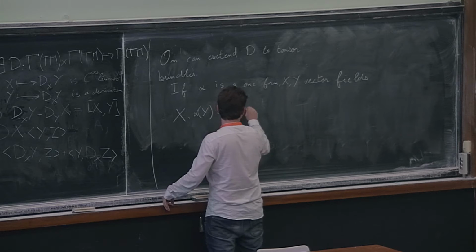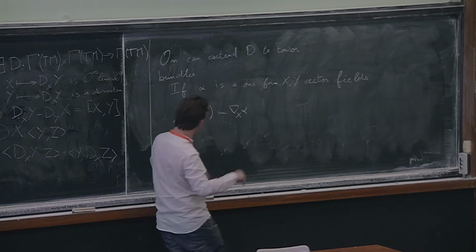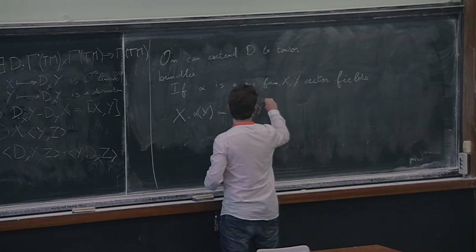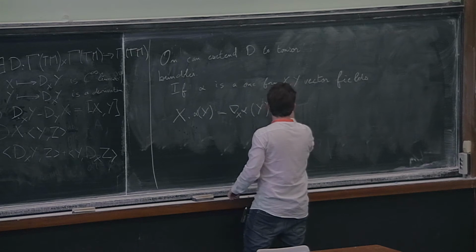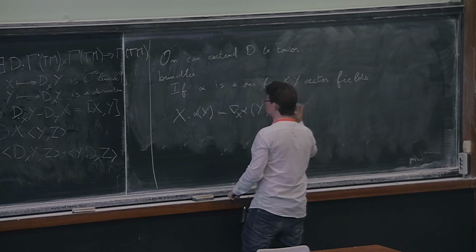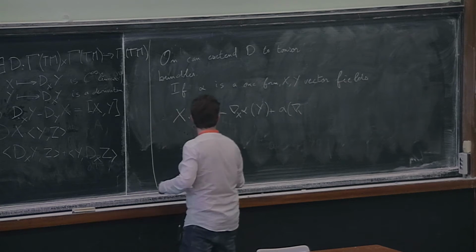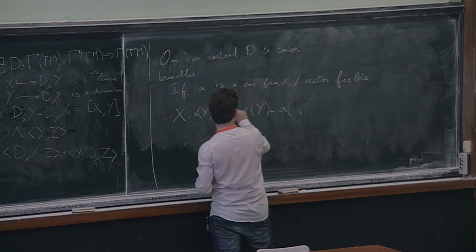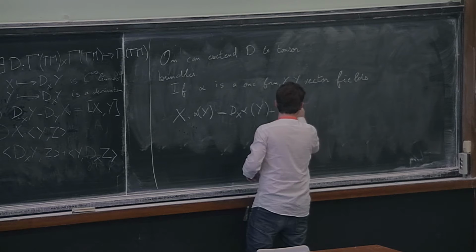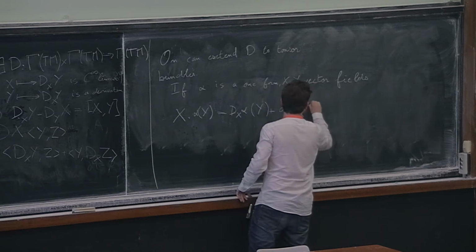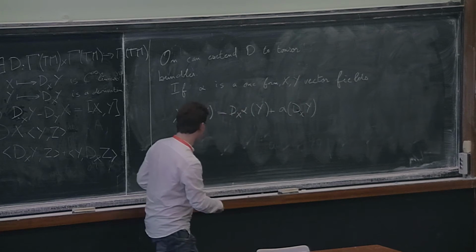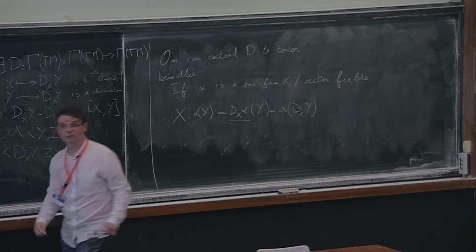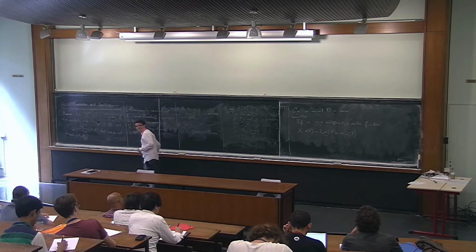So this I don't know how to compute, but I want this relation to hold, and this. Oh, I should stick to D. I choose D and not nabla for some reason, I should stick to it. And this is the definition of D_X α for a one-form.